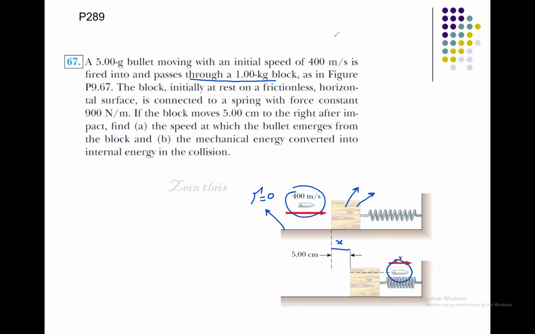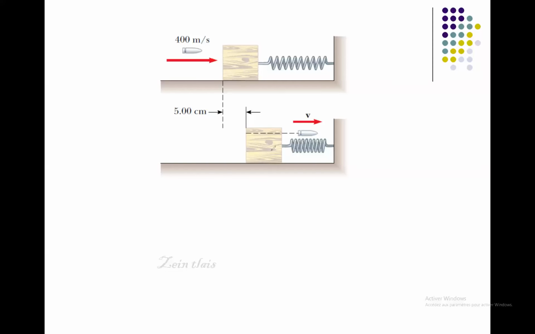Let me explain the situation well. Now it's clear. We have an inelastic collision because, as I said, the object passes through another object. So P just before equals P just after.